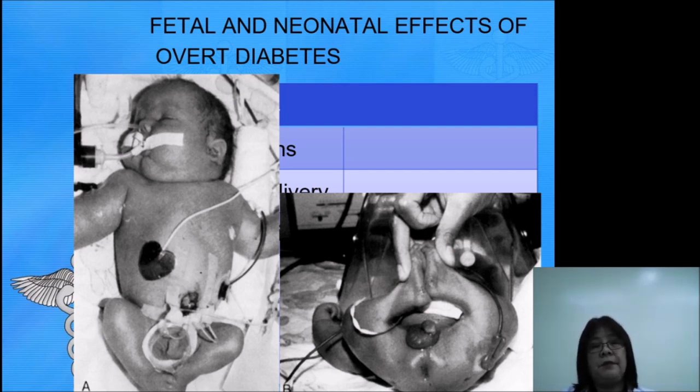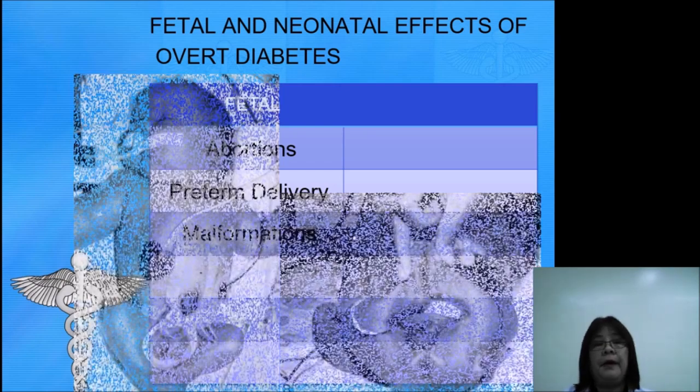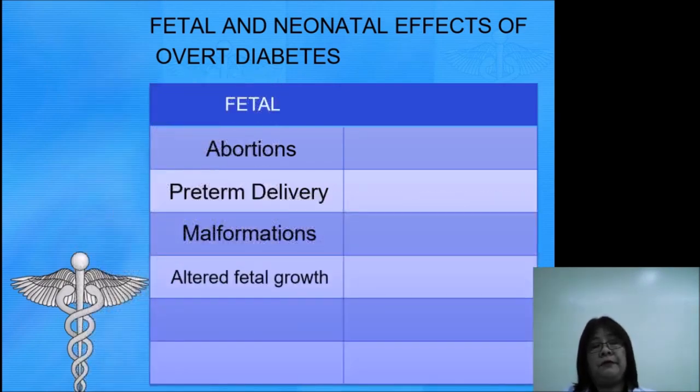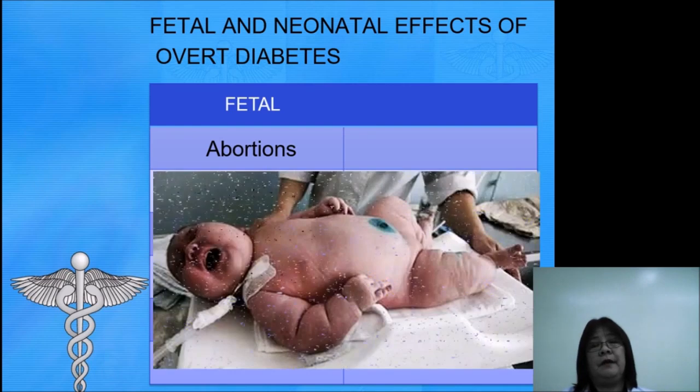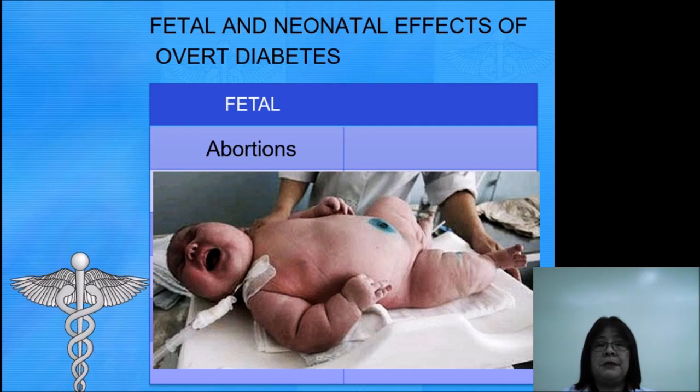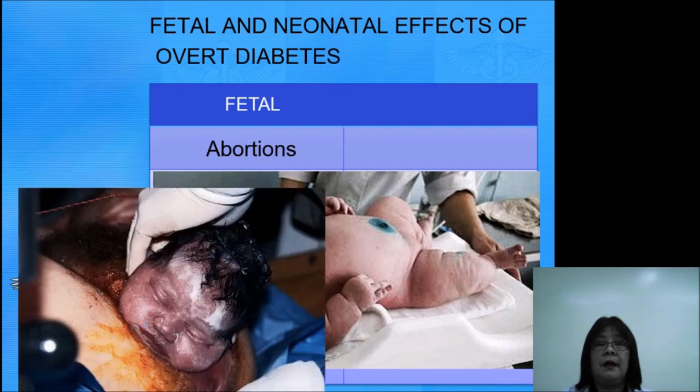The baby has imperforate anus, and the typical diabetic baby is plump, with altered fetal growth. Look at this baby. The baby is quite big. Probably this baby weighed 10 pounds.